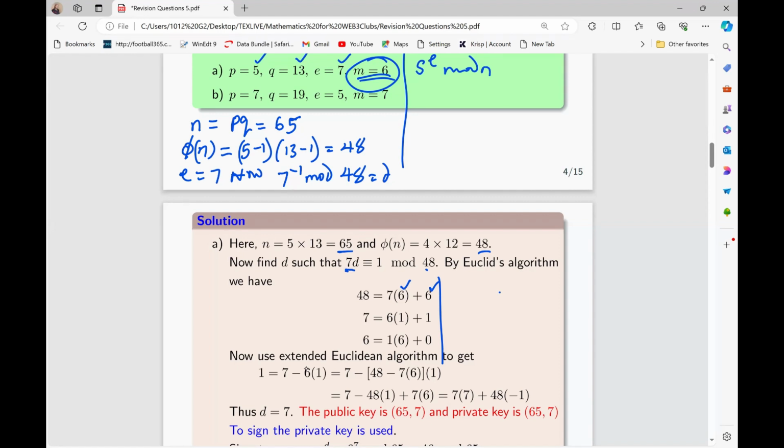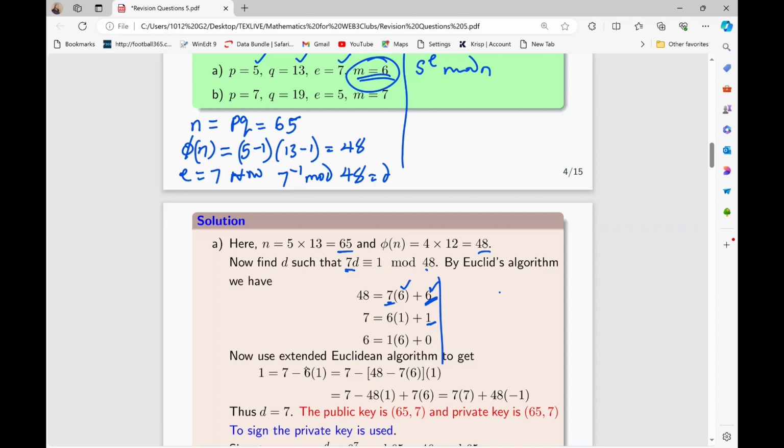And then we ask ourselves, how many times does 6 go into 7? It goes in once, and the remainder is 1. So once you reach here, the remainder is 1. That becomes the GCD. And since it's the GCD, to do the extended Euclid's algorithm, we make that GCD the subject of that equation.